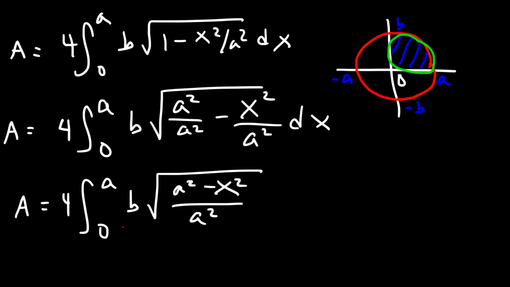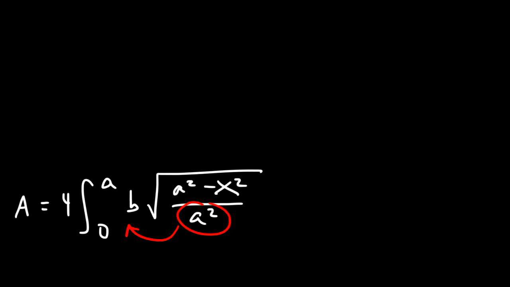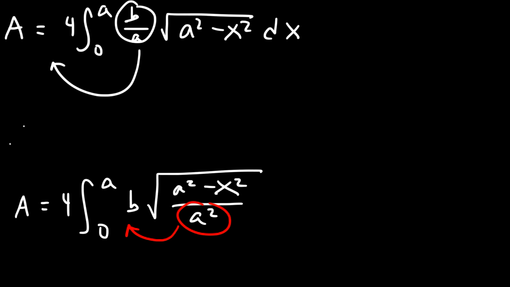And the square root of a squared is a, so I can take it out as a. And so the area is going to be 4 times the integral from 0 to a. Now I have b over a times the square root of a squared minus x squared dx. b over a is a constant, so I can move that to the front.